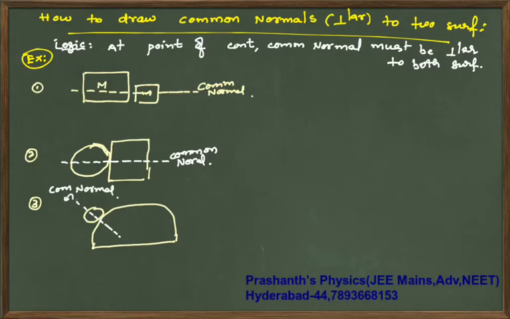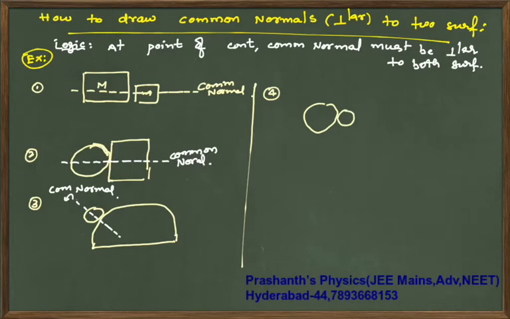Basically it must be perpendicular to both surfaces. They could ask you this question also. So first, for different situations, we are trying to draw the diagrams. Now next, try to guess the common normal for these two surfaces.